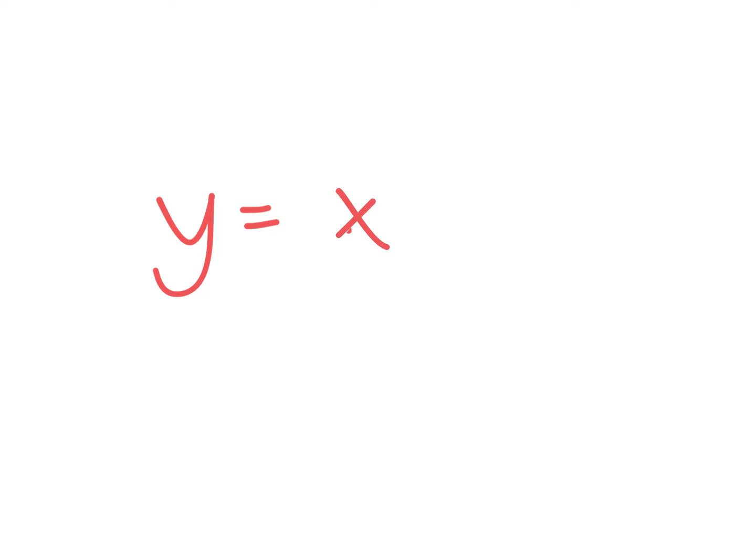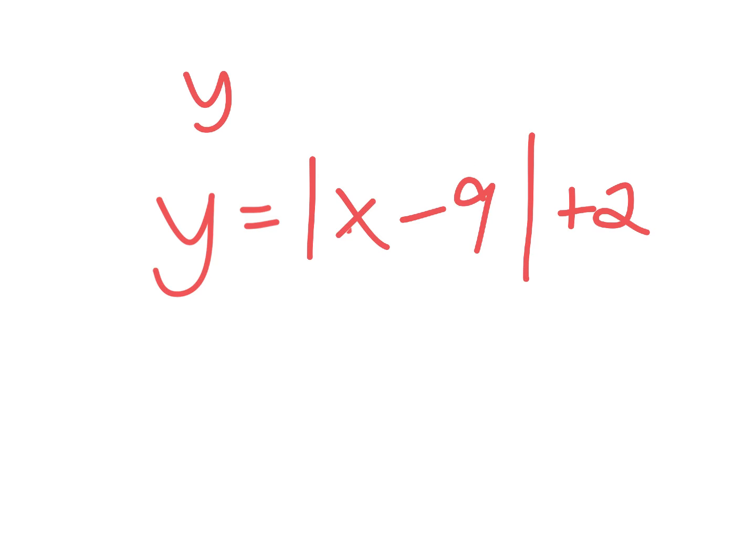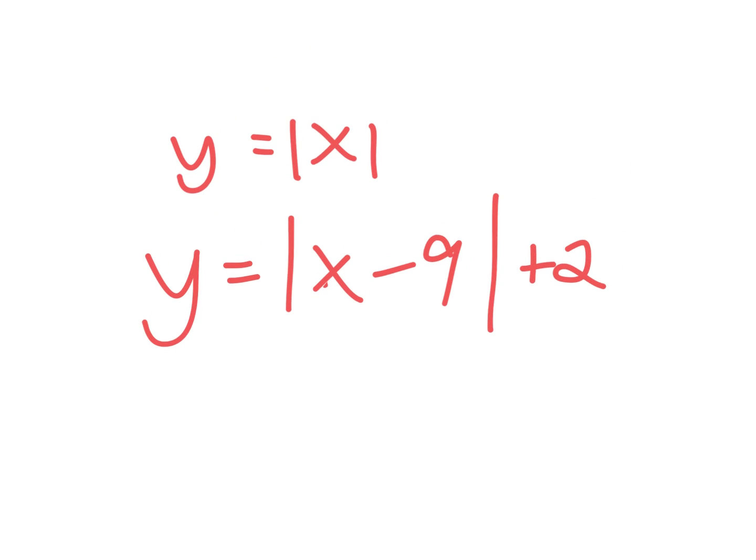Absolute value of x minus 9, plus 2. How do you do it? Well, you start and say, I know what this was when it was a baby. The parent function of it all that started off was just the absolute value of x. And I know what that looks like. Do you know what that looks like? I know that was a V shape.